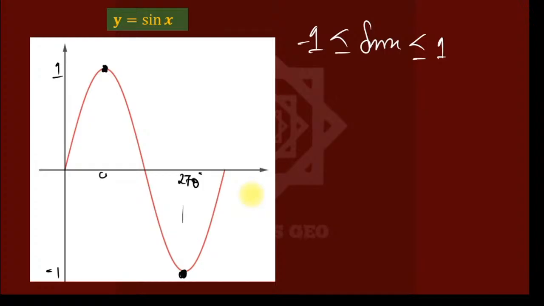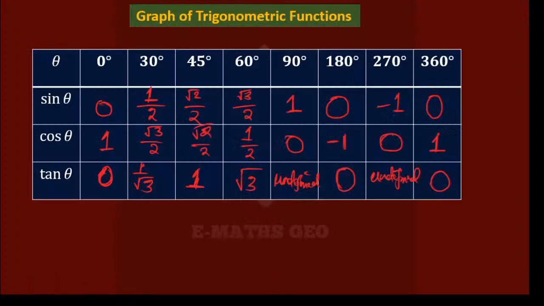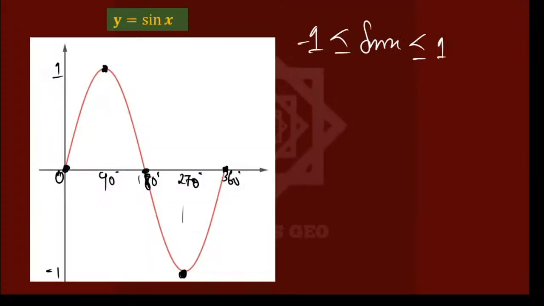Sine 0 is always 0, so here is the point 0. Sine 180 is also 0, and sine 360 is also 0. These are the most important points on this graph, 1, 2, 3, 4, 5. So we've sketched the graph. The graph is always like this.